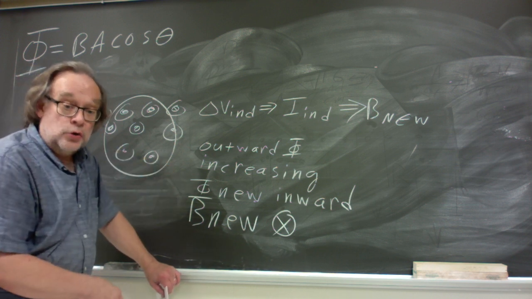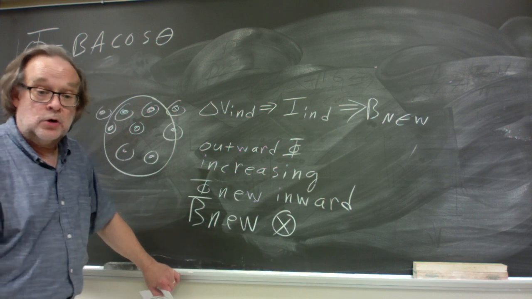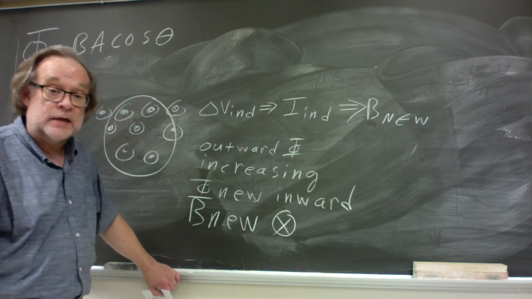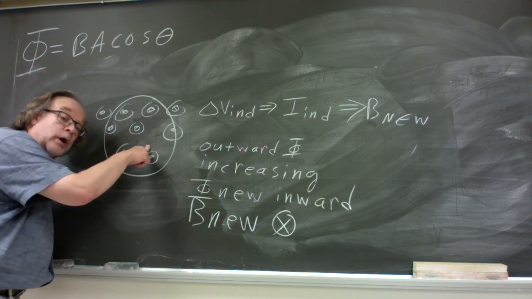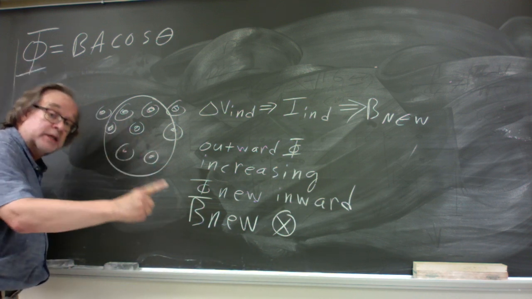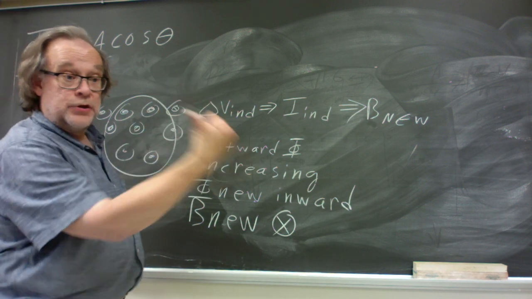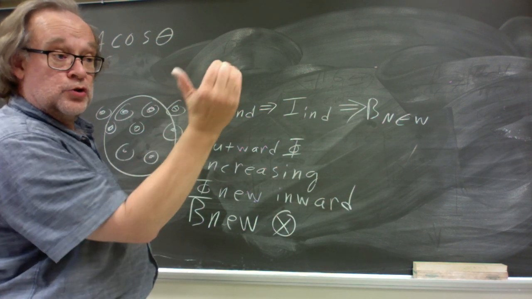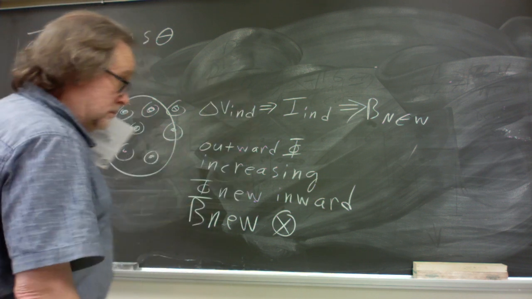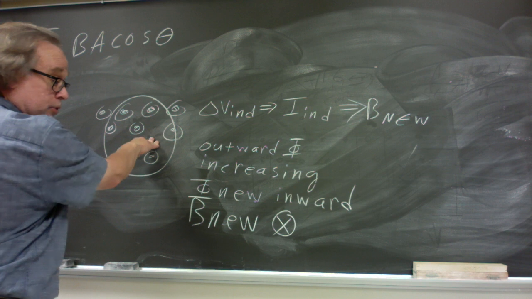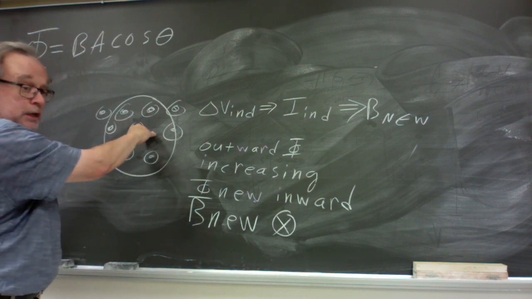Now that we know the direction of the new field, we can figure out which way the induced current has to flow in order to get field pointing that way inside the loop. What's inside the loop matters. Remember this rule: thumb in direction of the current, and our fingers will curl in the direction of the magnetic field. So we want inside the loop magnetic field pointing this way, inward.